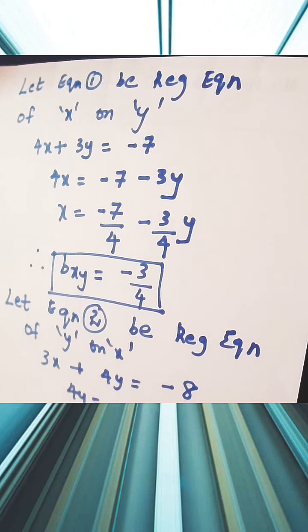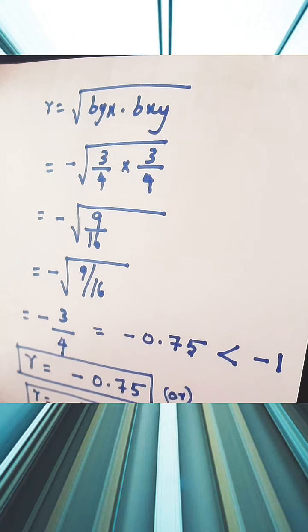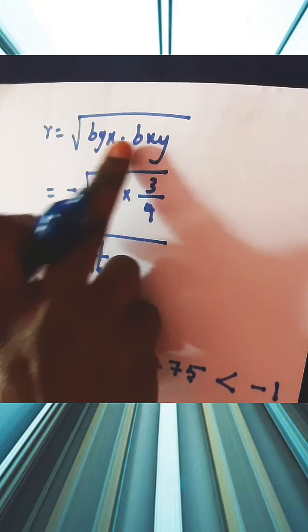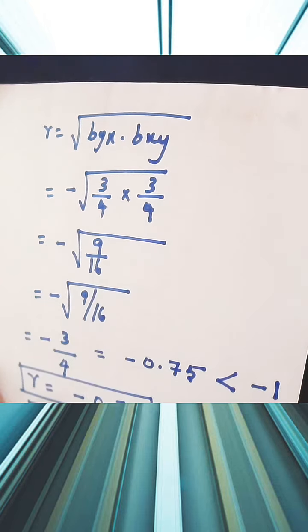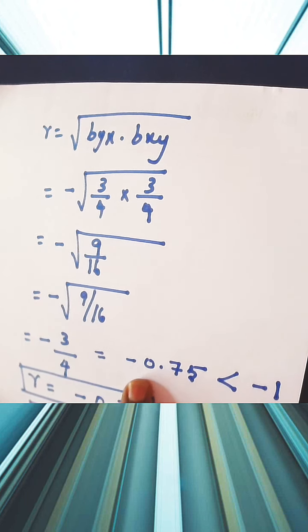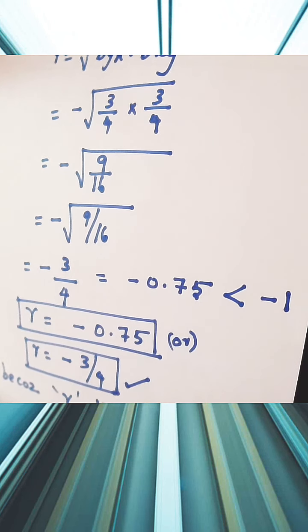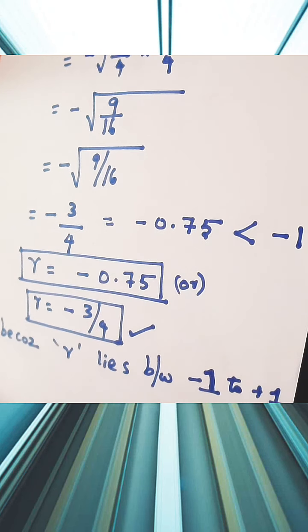Correct, students? Then we used the properties of regression coefficients. We substituted r is equal to the square root of byx into bxy. We took the negative out and we got the value of r is -0.75, which is greater than -1, and our assumptions are correct.